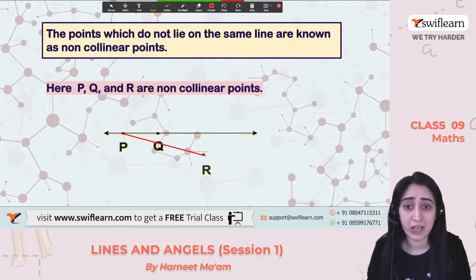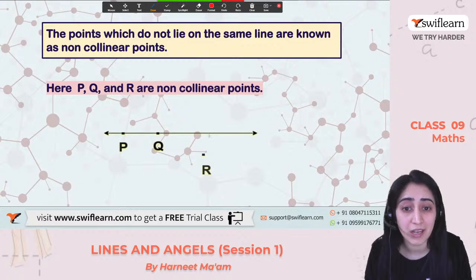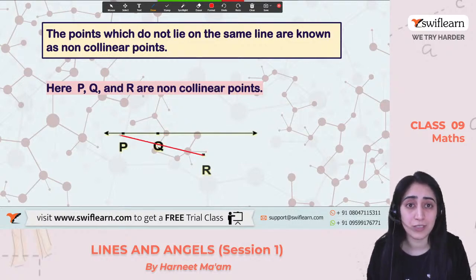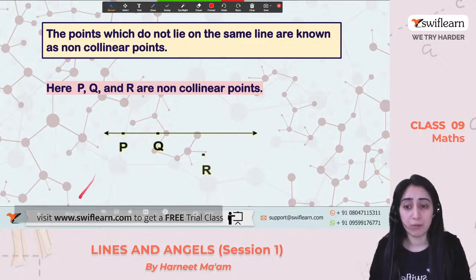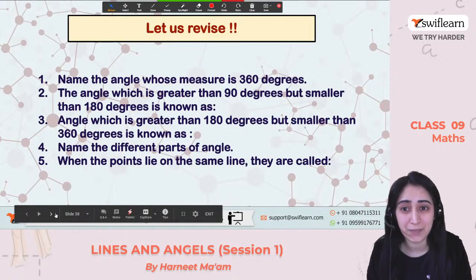I'm covering P and R, but I'm not able to cover the Q point. In this case, these two lines are not coming in any form. Even if I start from Q, I'm not able to get them in a straight line. Or even if I start from R, I'll go towards Q or towards P. In any form, I'm not able to get them on the same line. That's why we call them non-collinear points. Clear with this one?